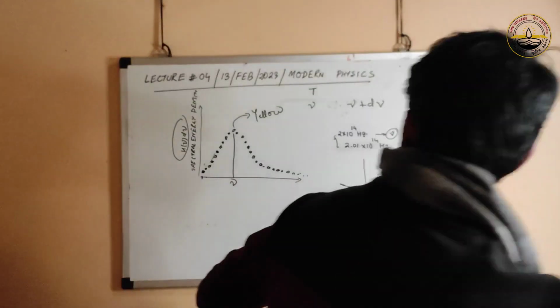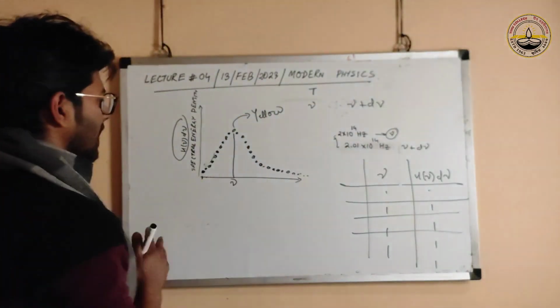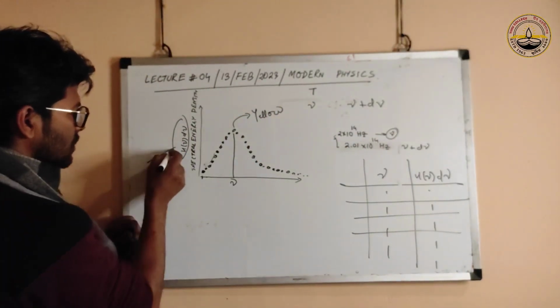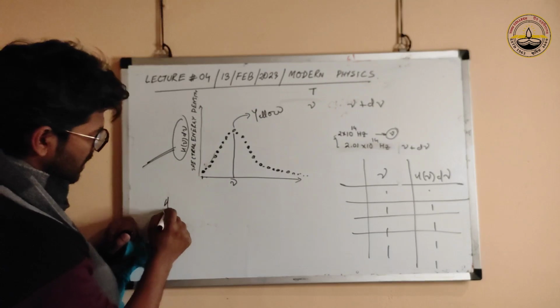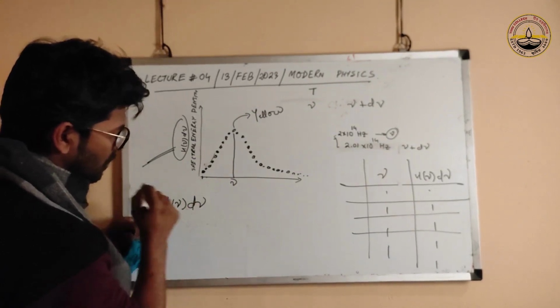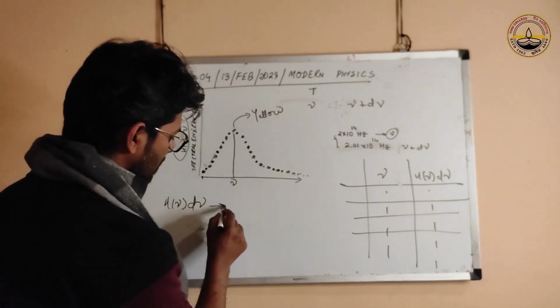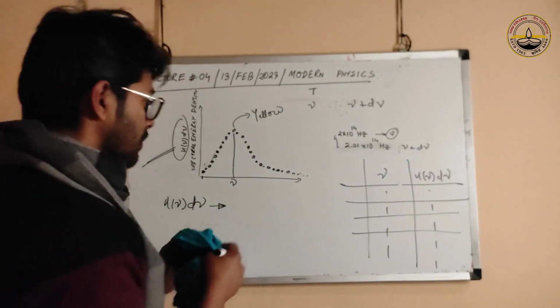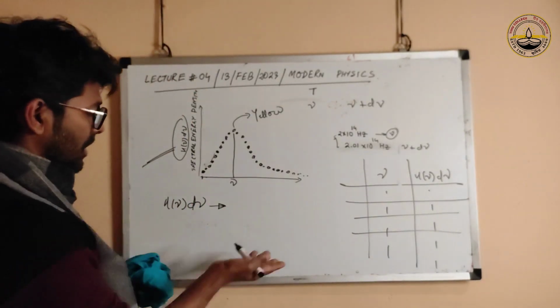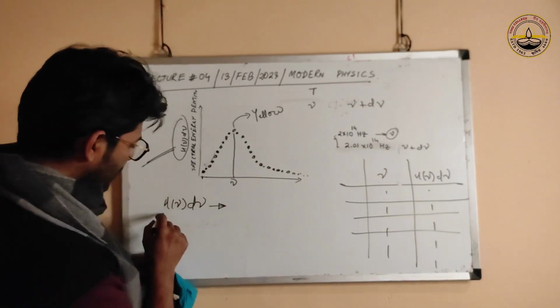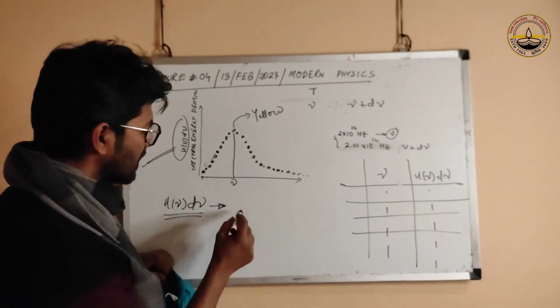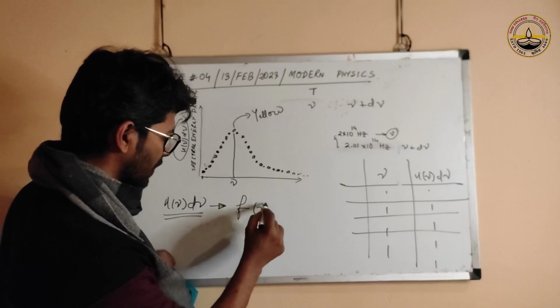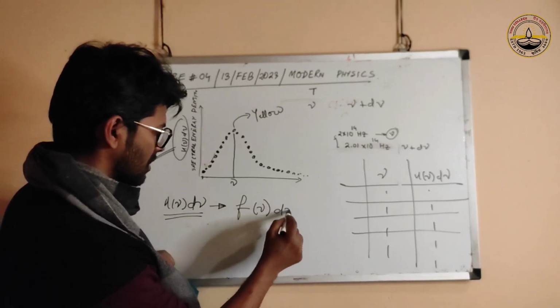So let's start. What we want is to calculate this quantity, U nu d nu, and plot it from a theoretical perspective. So what we want is a function of frequency, d nu.